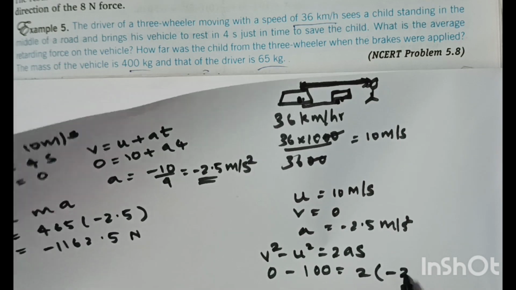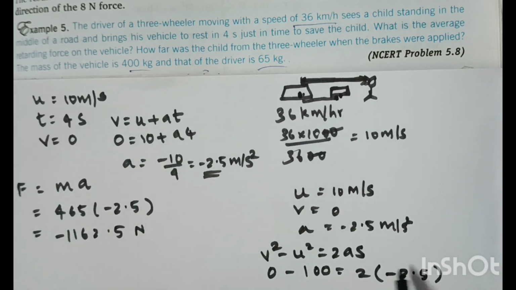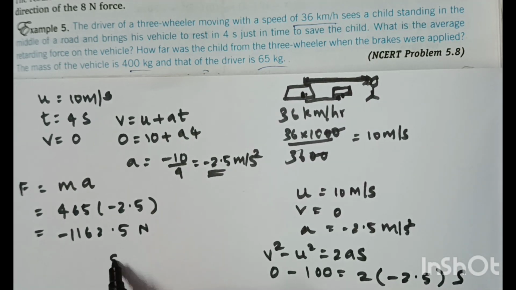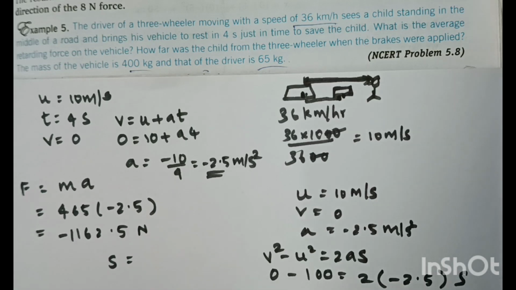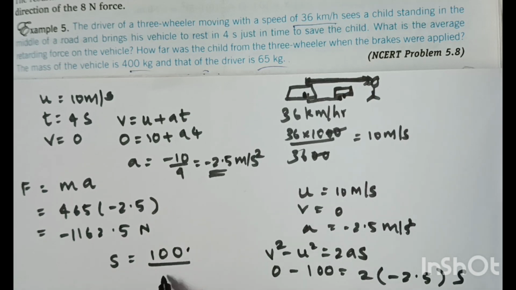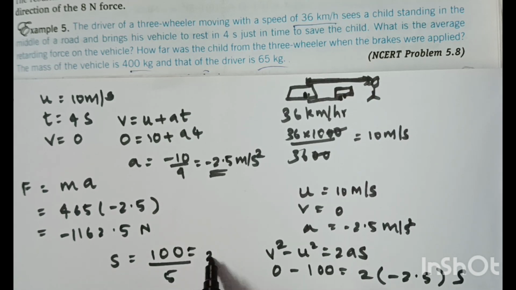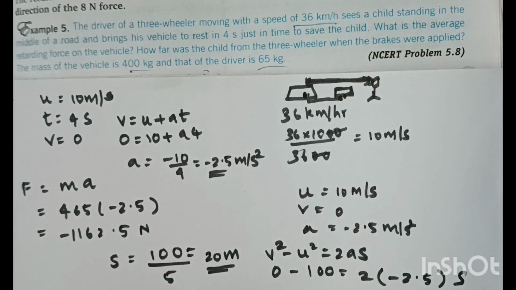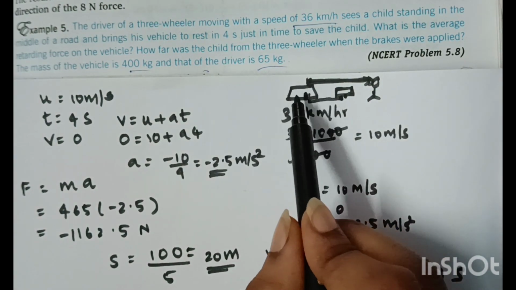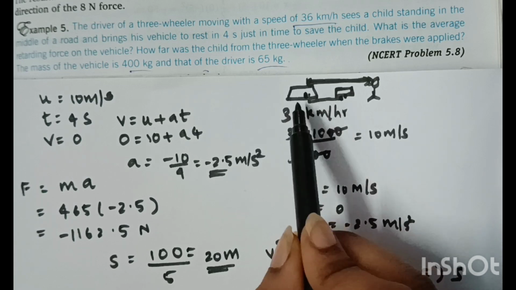It is minus 2.5 into S. So from this we can calculate S. S is equal to 100 by 2 into 2.5, that is 5. So that is equal to 20 meters. So initial distance between the three-wheeler and the child is 20 meter.